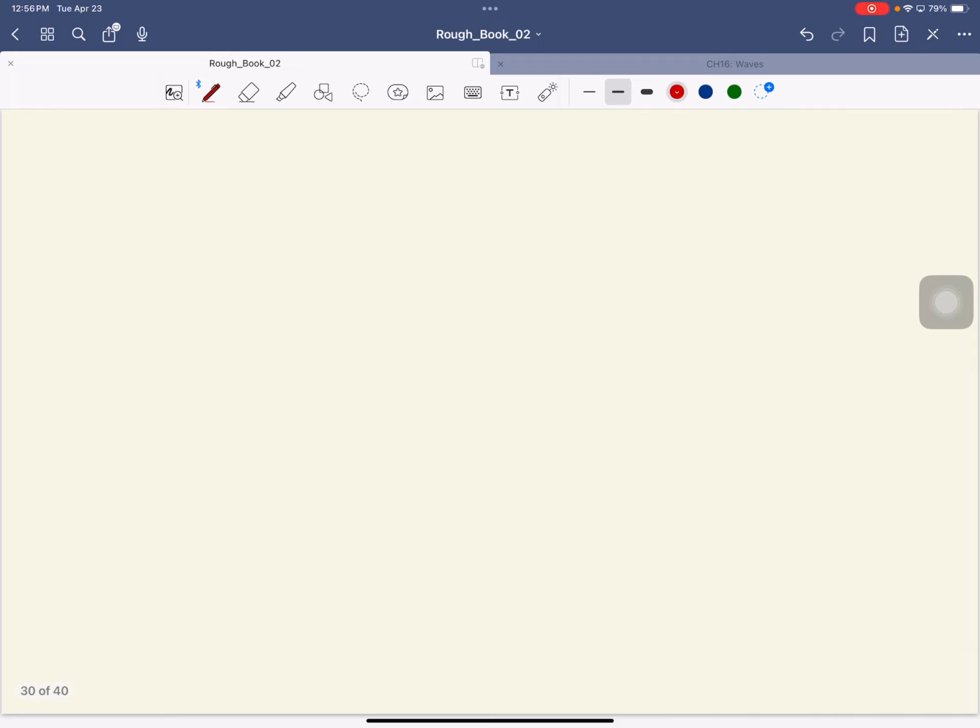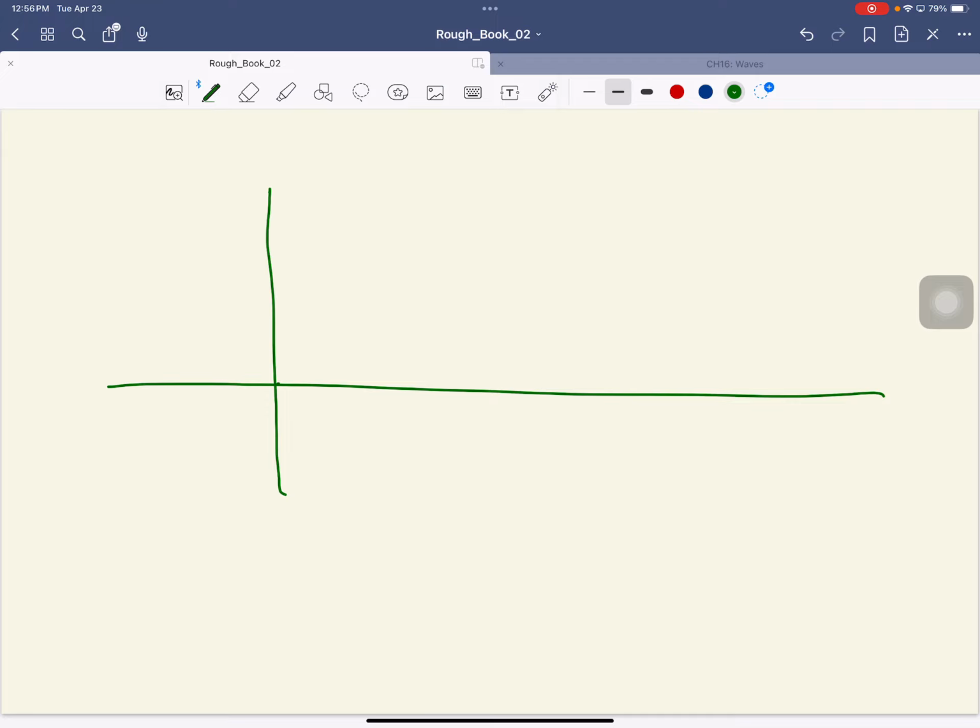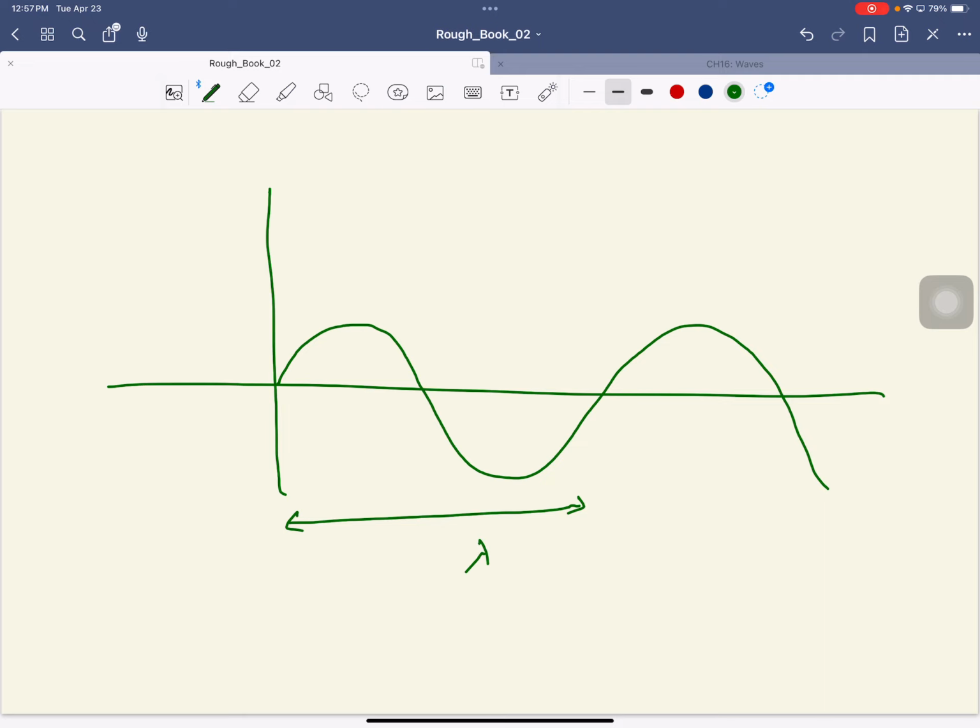All right, now let's do the next step. So here's a sine function. There's the wavelength. How would I write this function? So this would be y of x. Y of x is equal to A sine 2 pi by lambda times x.